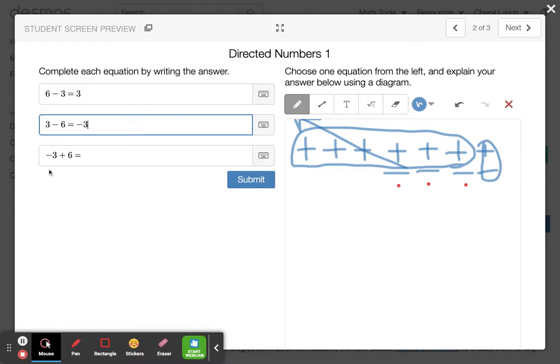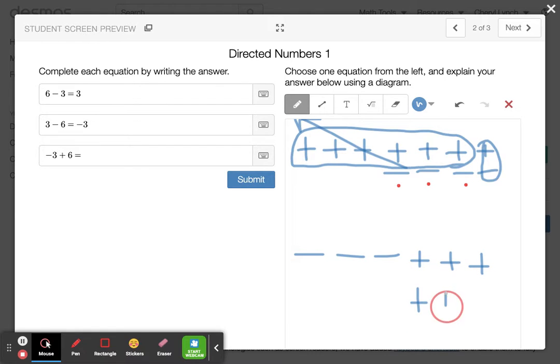In this next one, I have 3 negatives and I'm adding 6 positives. I'm going to demonstrate this one as well. So if I start with 3 negatives and I'm adding 6 positives, so I'm going to add those on. Now I have a lot of tiles, but I want to simplify them.